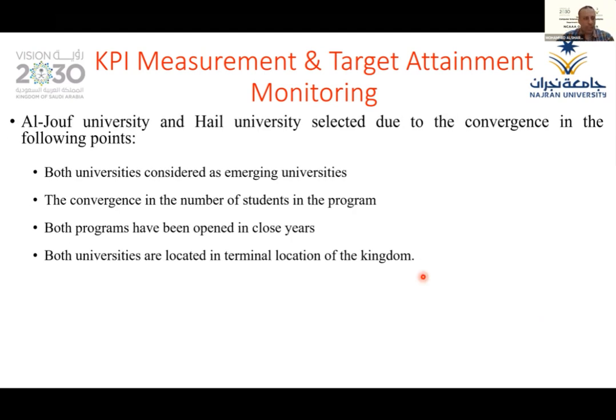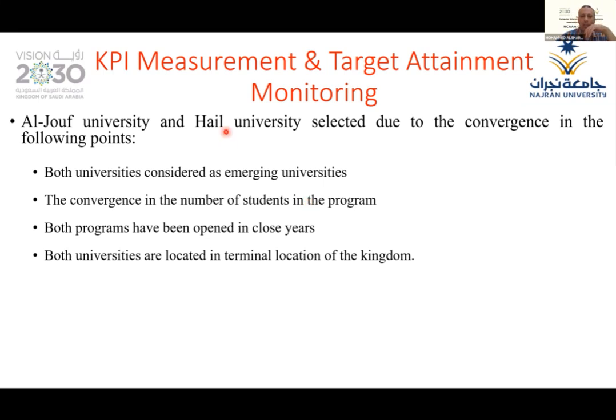Al-Jawf University and Al-Hayel University were selected for some reasons. One, both universities are considered emerging universities like us, when they started, maybe 12 or 13 years ago, similar to when Najran University started. Number of students in the program is similar to our programs. This could be a clear question to the person here: why did you select these programs?